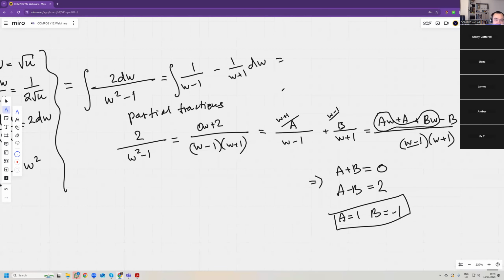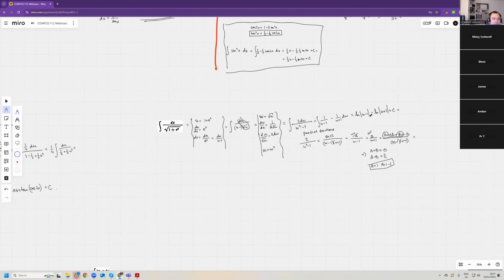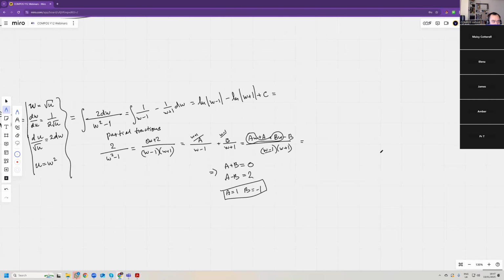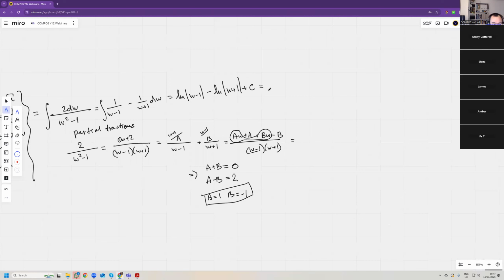And we know how to calculate the integral. So the first one is logarithm modulus w minus 1 minus logarithm modulus w plus 1 plus c. Sorry for making such a mess here, but let's now do reverse substitution. Logarithm of square root u minus 1 minus logarithm square root u plus 1 plus c.